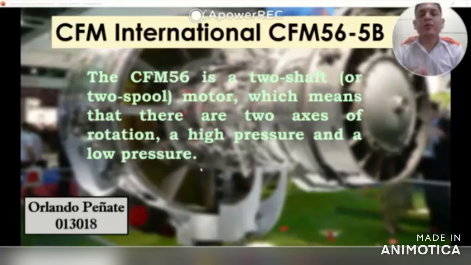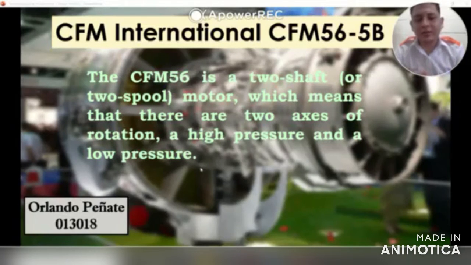So I'm going to talk about the CFM56-5B engine. CFM International is a union of companies between Snecma, France, and General Electric Aviation. Both companies are responsible for producing various components with their own assembly lines.